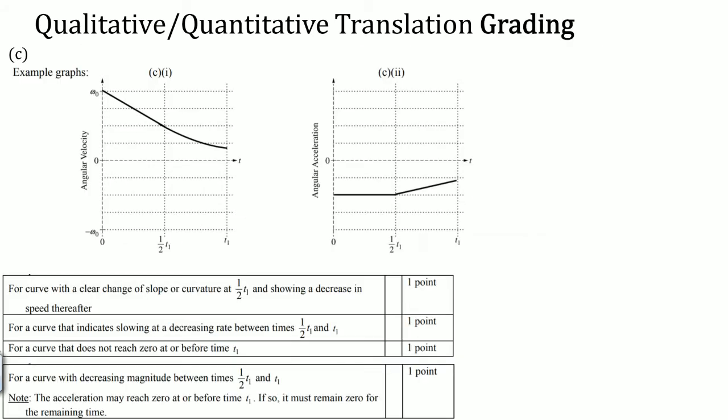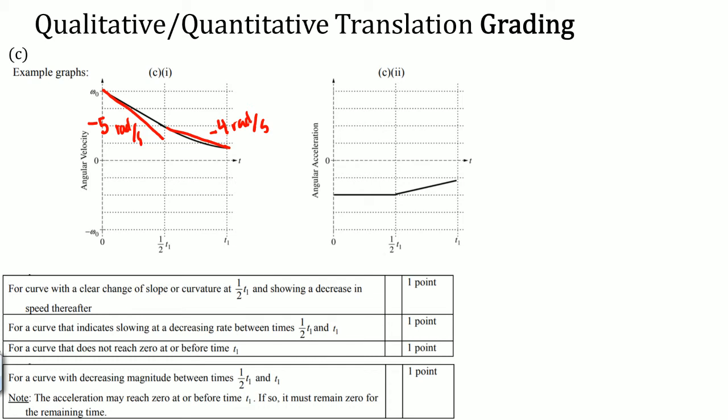All right, so that's the answer. It says for a curve with a clear change in the slope of the curvature at 1/2, and it shows a decrease in the speed afterwards. So let's say this has a slope of -5. I'm just making up some numbers, right? Rads per second. This one here should be like -4 rads per second, because there's more oil, so the angular velocity is decreasing less.